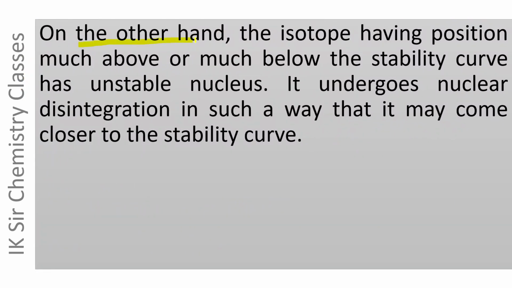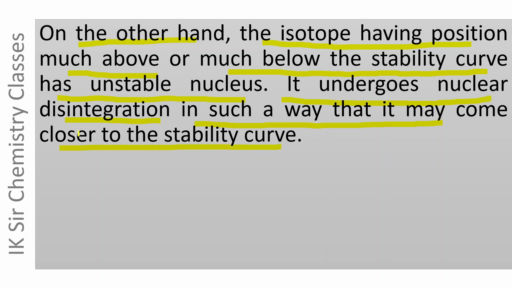On the other hand, the isotope having position much above or much below the stability curve has an unstable nucleus. It undergoes nuclear disintegration in such a way that it may come closer to the stability curve. The isotopes having position on the stability curve or near the stability curve have a stable nucleus and they are non-radioactive.